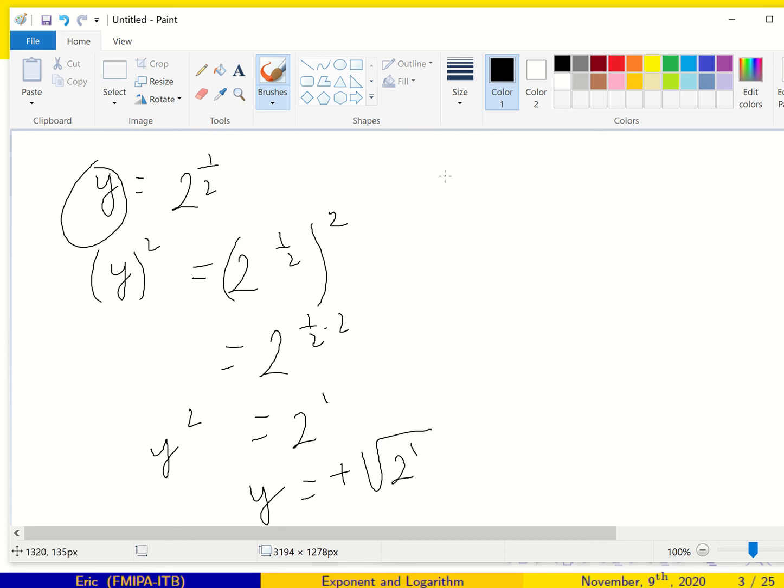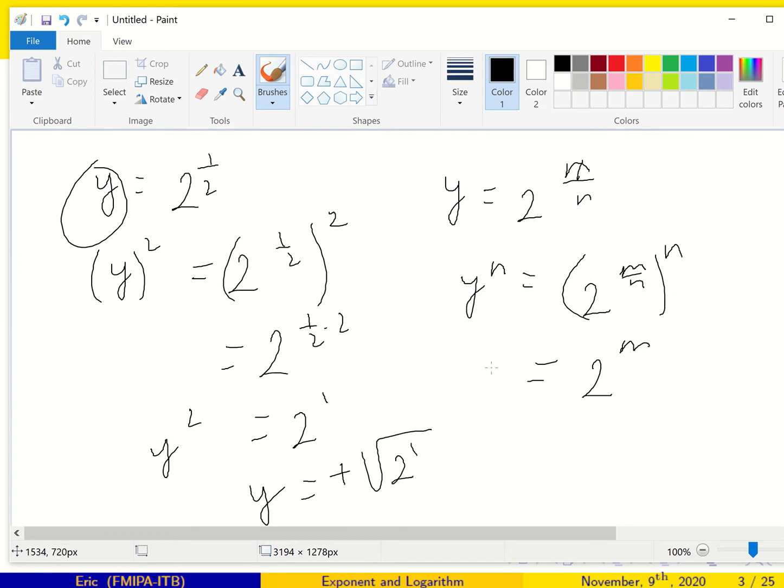The same thing I can use if I have y equals 2 to the power of m divided by n, with m and n natural numbers. So y to the n is just 2 to the power of m over n times n, which is 2 to the power of m. Don't forget, I want to find the positive one.